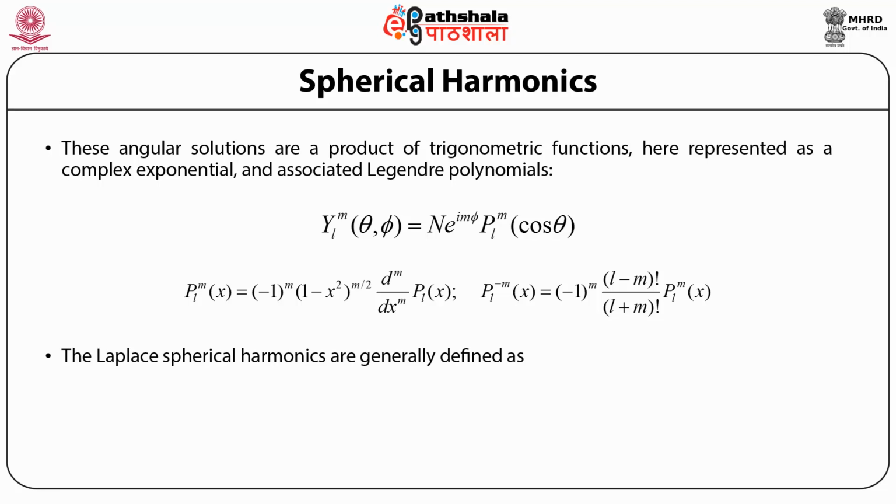The Laplace spherical harmonics are generally defined as Y_L^m(theta, phi) equals the square root of (2L plus 1)(L minus m)! divided by 4 pi (L plus m)!, times P_L^m(cos theta) times e raised to the power i m phi.